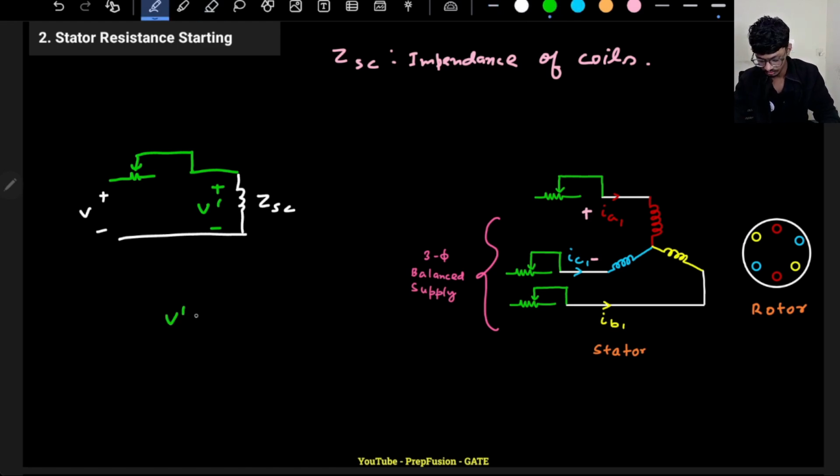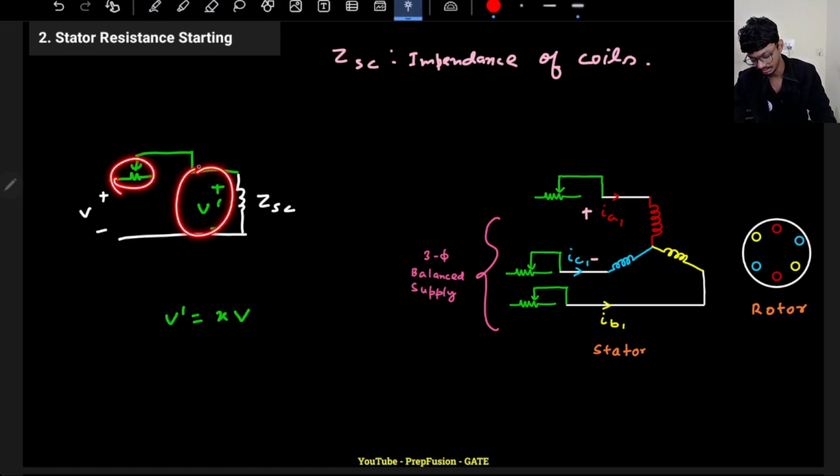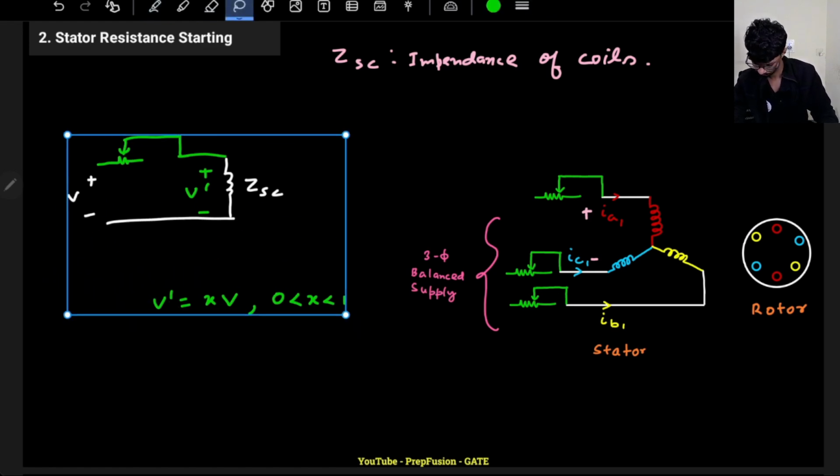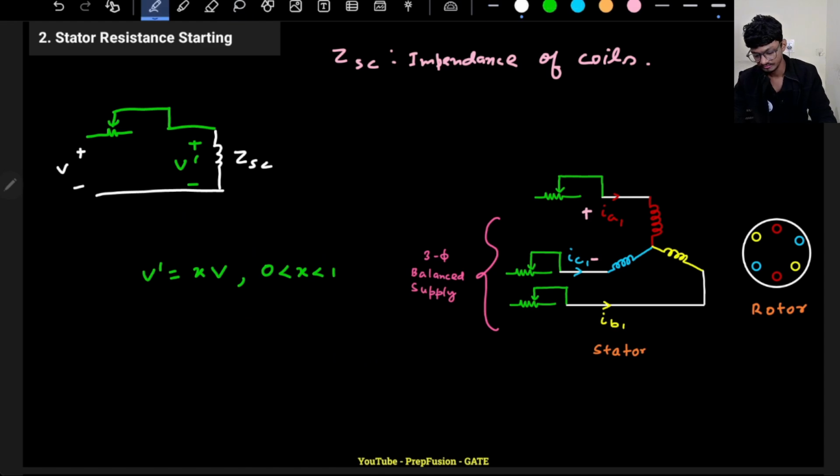So V dash will be equal to X into V, where X is between 0 and 1, because some voltage will be dropped here and the rest of the voltage will come here.